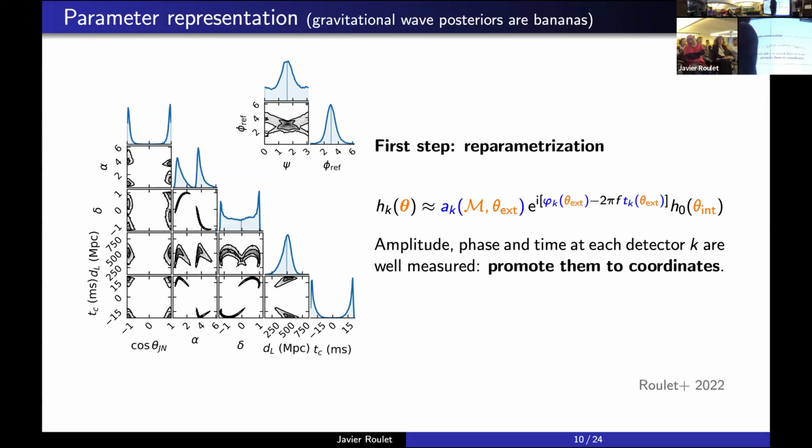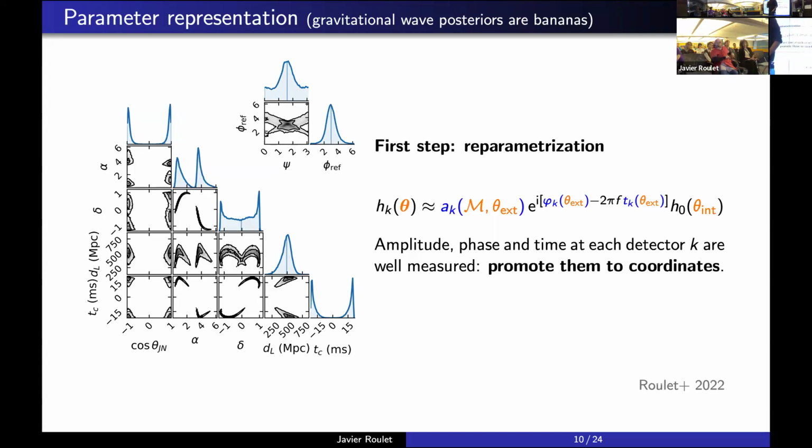These quantities are very well measured, and this is how they control this measurement. So, for example, these bananas are the contours of constant amplitude or time or phase. So this is the intuition, and then we have analytical expressions for this amplitude, phase, and time.